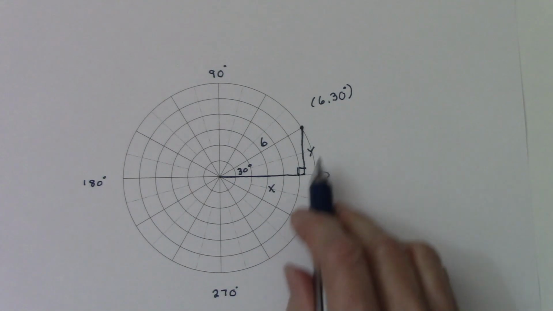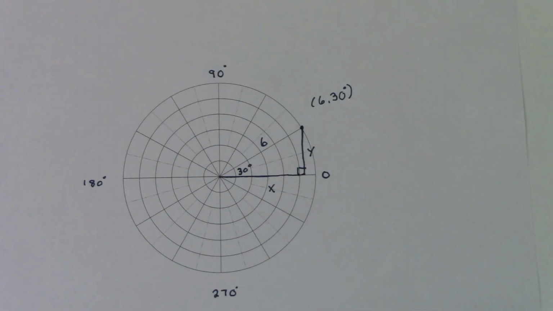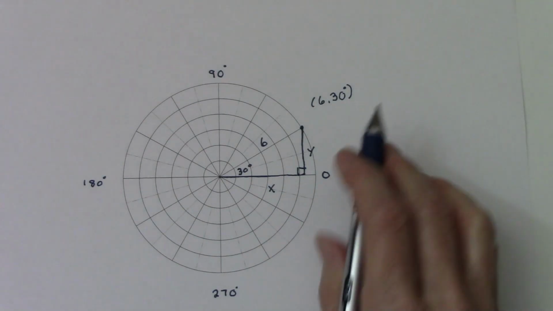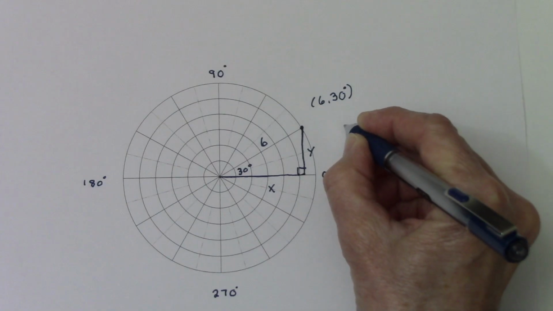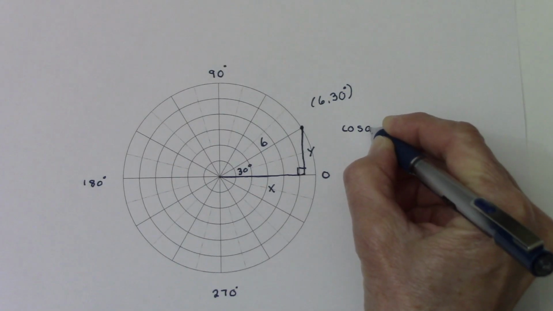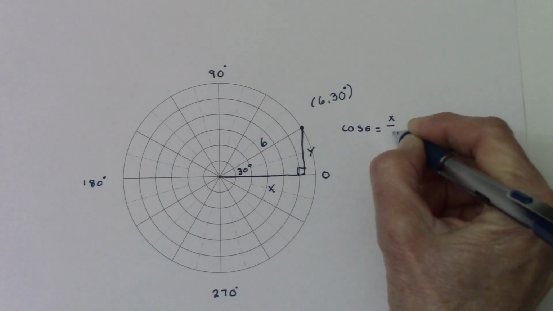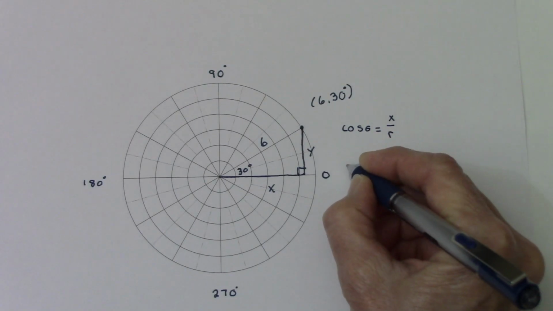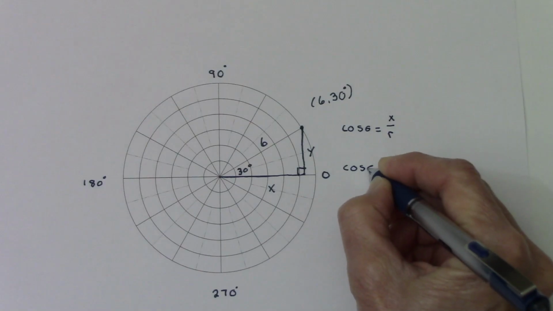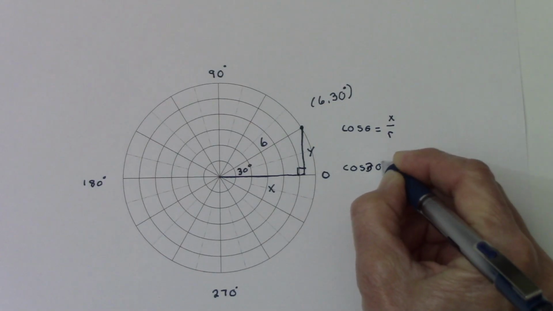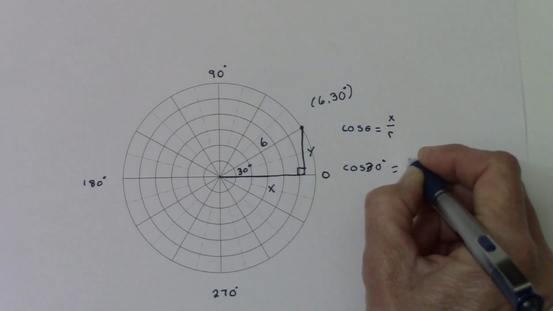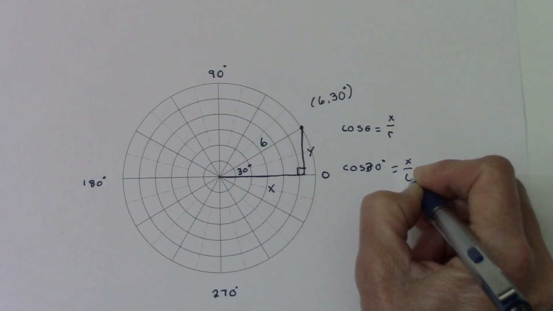If I want to find the value of, let's say x, then when I look at this triangle, I can see that the cosine of theta is x over r. So the cosine of 30 degrees is x over 6.